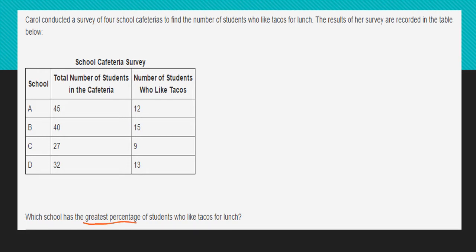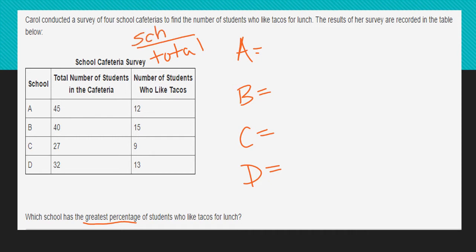So here we want to look at our table and understand what it's telling us. We have 4 schools: A, B, C, and D. When we're dealing with percentages, we have to keep in mind that our fraction always has our total on the bottom, and on the top, whatever is unique to this situation, in this case our school.